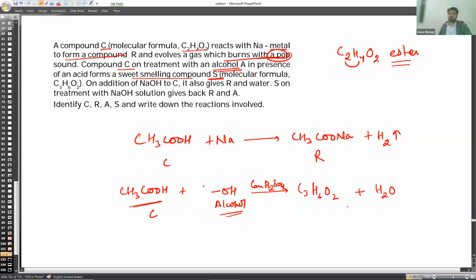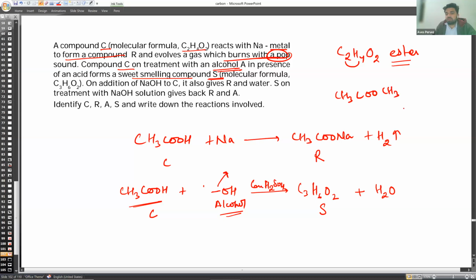Now can you guess how many carbons this alcohol is going to have? 1 carbon alcohol, 2 carbon alcohol or 3 carbon alcohol? Tell me fast. Is it this one, CH3COOCH3?